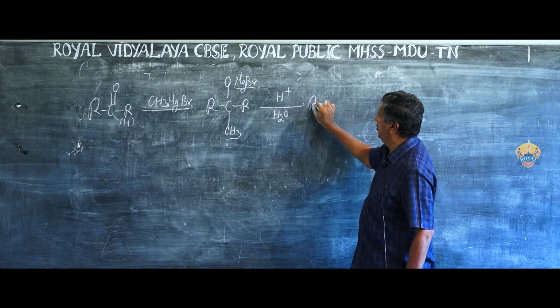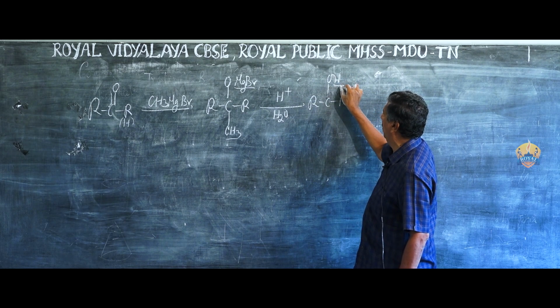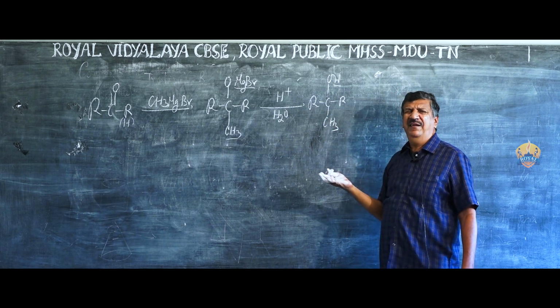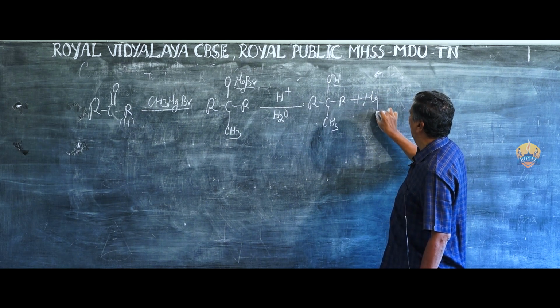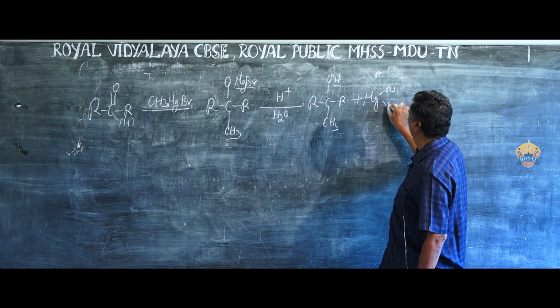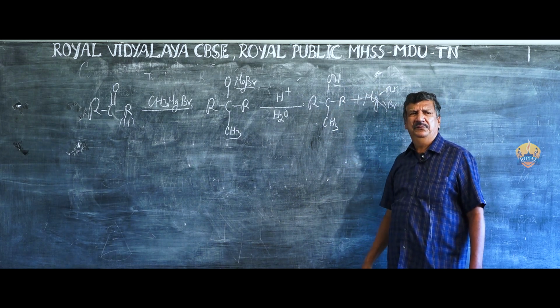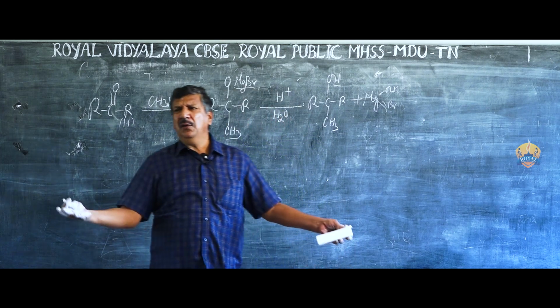The product changes into alcohol, that's all. Other things are not necessary. You leave all this category. This is not necessary. This is the main product. You will be getting an alcohol.